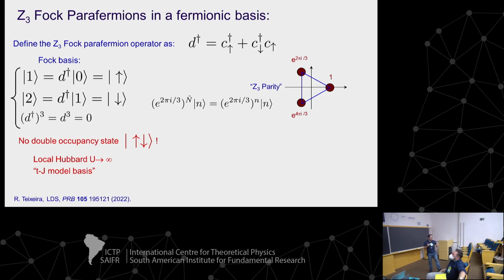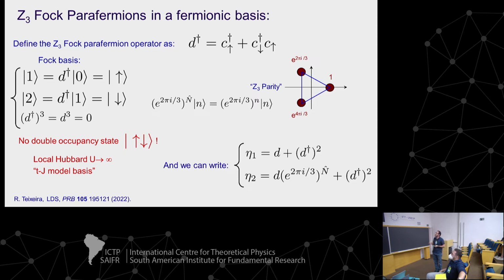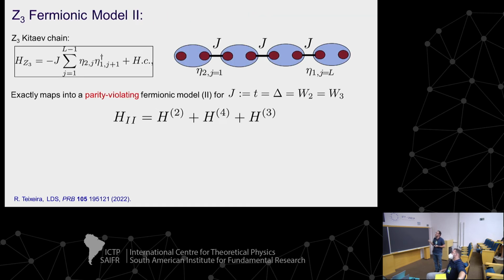So just to finalize, the message here is that we can do the same trick of reverse engineering the model for the Kitaev, and then you get some ugly things. You get ugly to the point that you have a very strongly interacting fermionic model that violates parity.